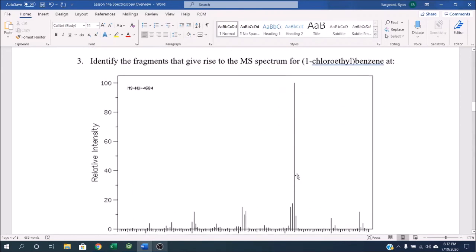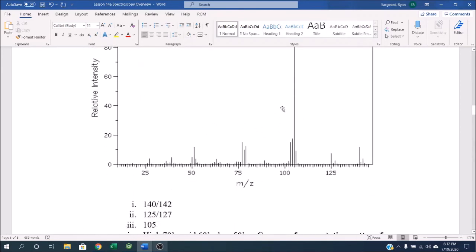Now, we got a bunch of spectra that looked more complicated than this because some of the molecules in gasoline had molar masses upwards of 300 AMUs. And there were just a bunch of them.